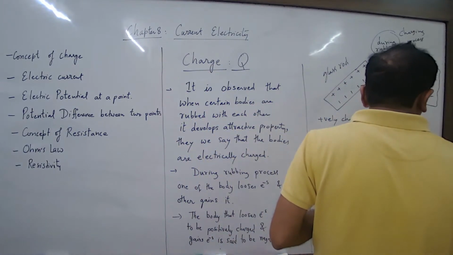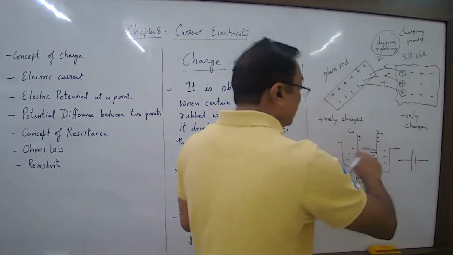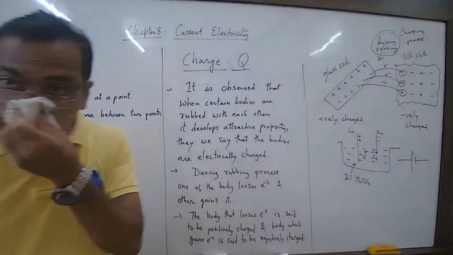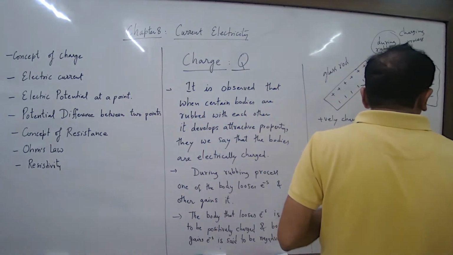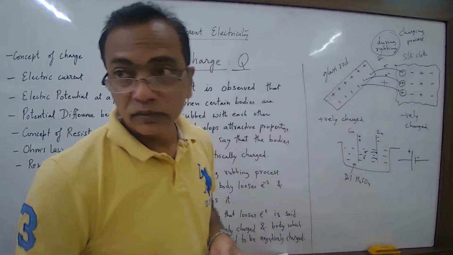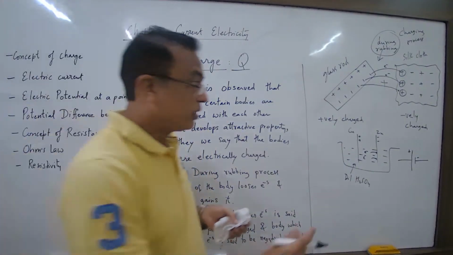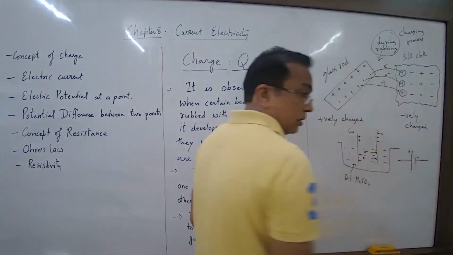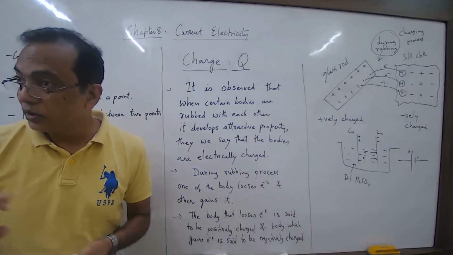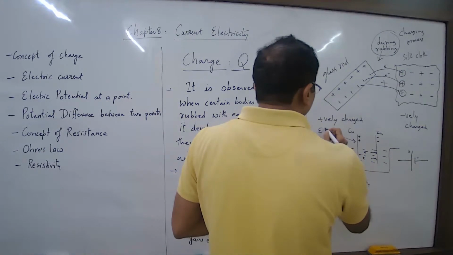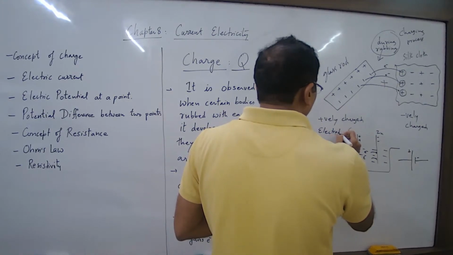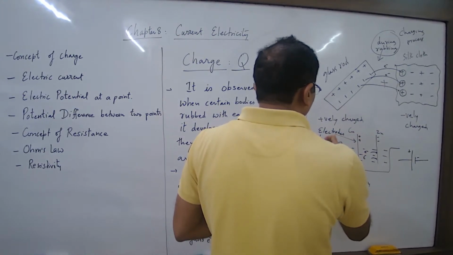So this process continues till the equilibrium stage is reached. Okay? So this will become positively charged and this will become negatively charged. So a cell will always have this difference in the electric charges on its terminals. So these electrodes are called terminals of the cell.